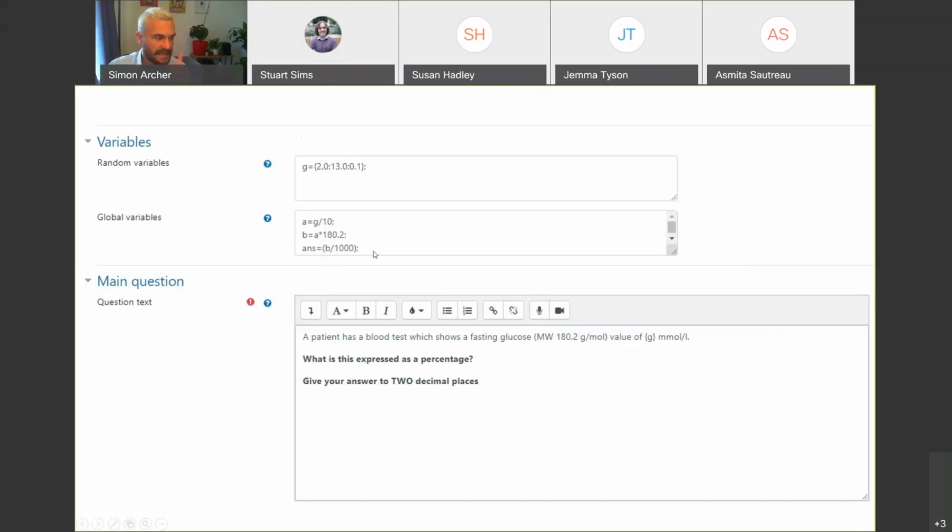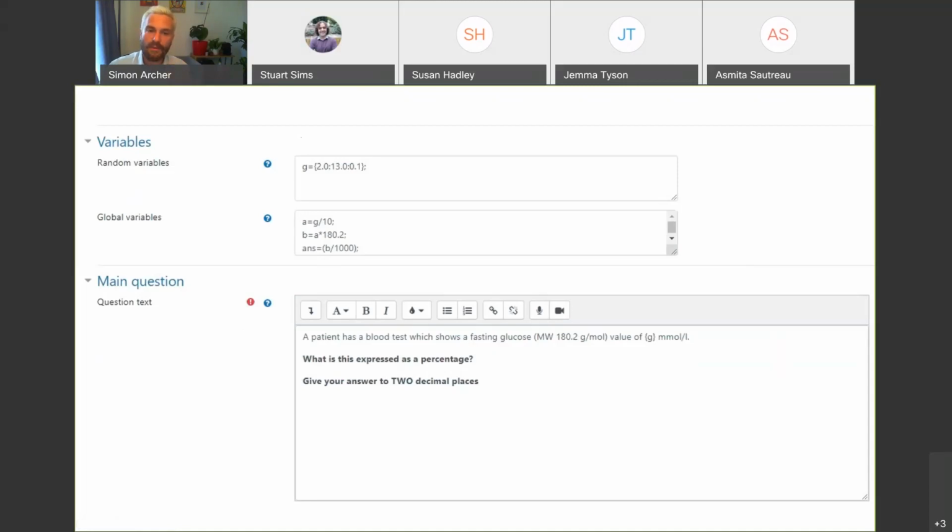One important thing I did forget to say, after every line, you need to ensure you put a semicolon. The semicolon is essentially you telling the computer, formula ends here, so it stops processing it. One good thing, if I was to go and save the question and the formula wasn't correct, it would not let me.